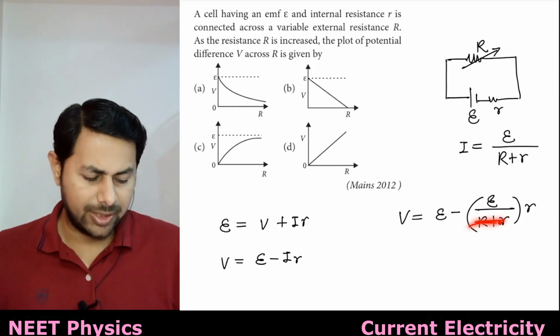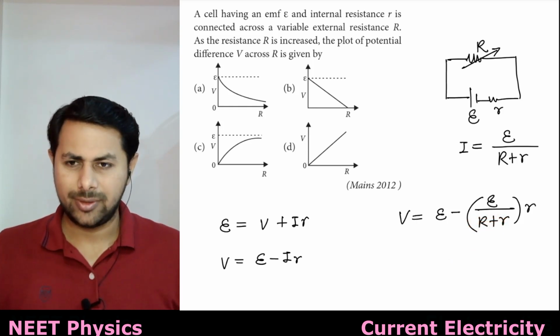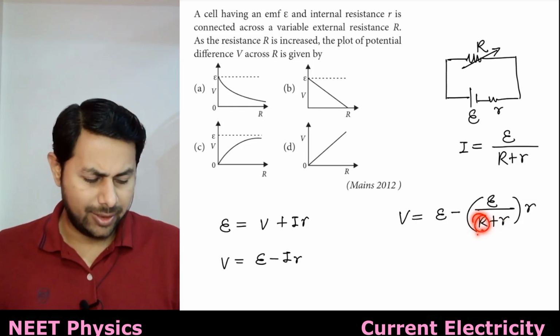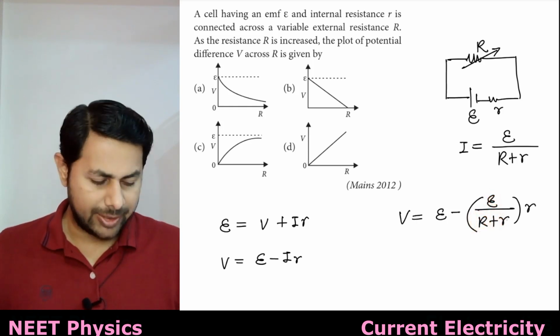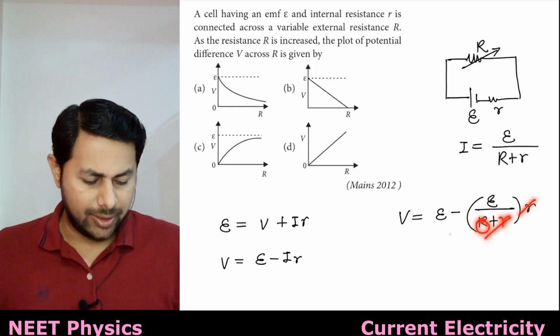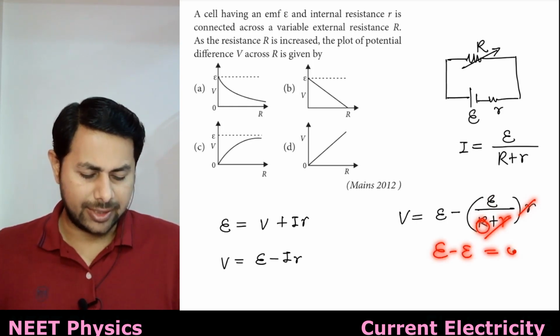Initially if R is 0, then what will be the current? This R and R get cancelled out. R is 0, then what do you get? E minus E, and that's equal to 0.